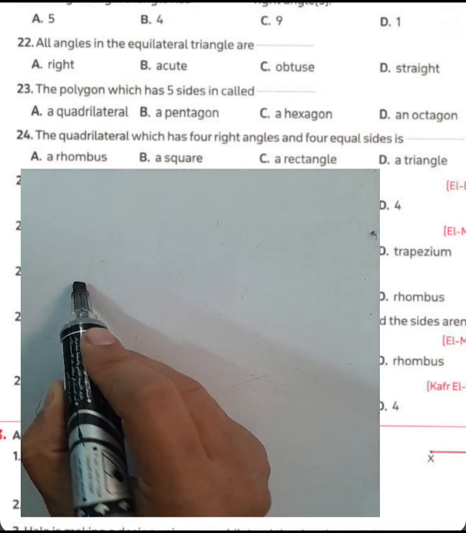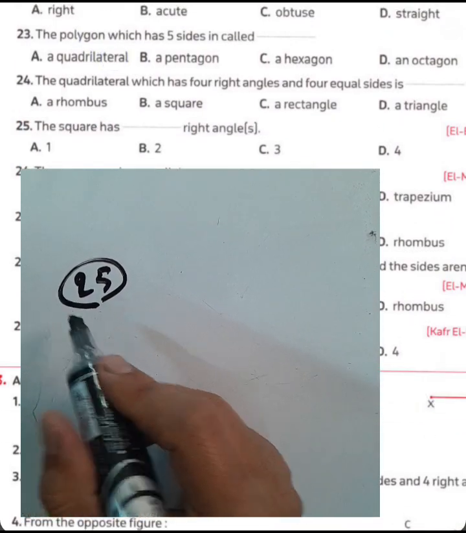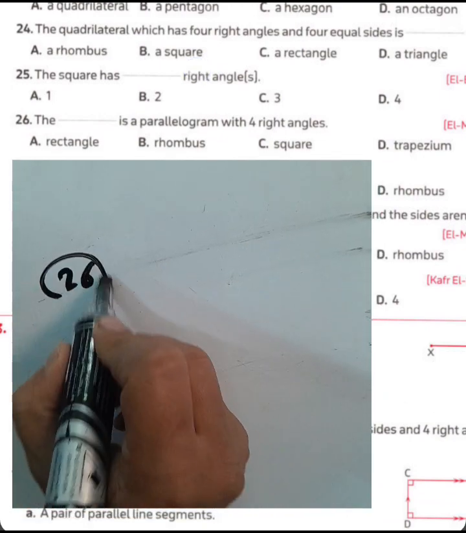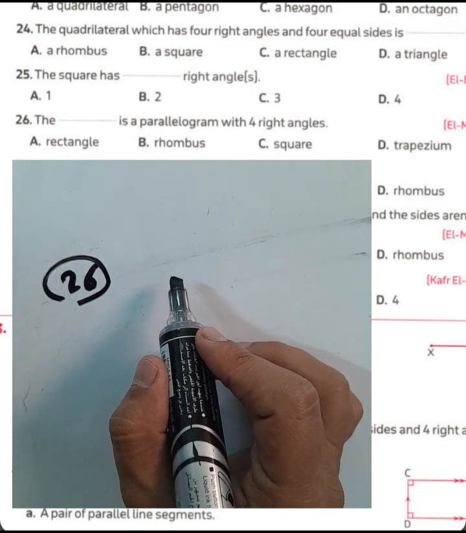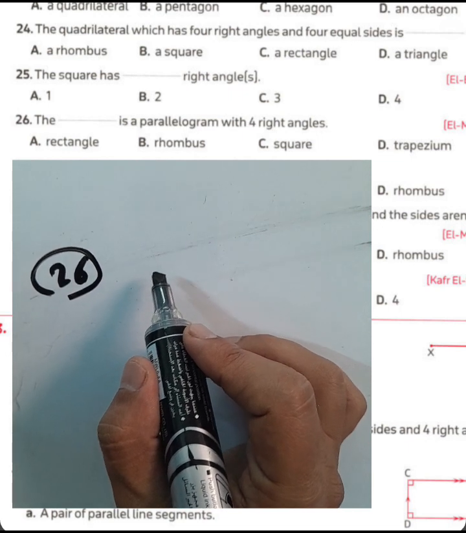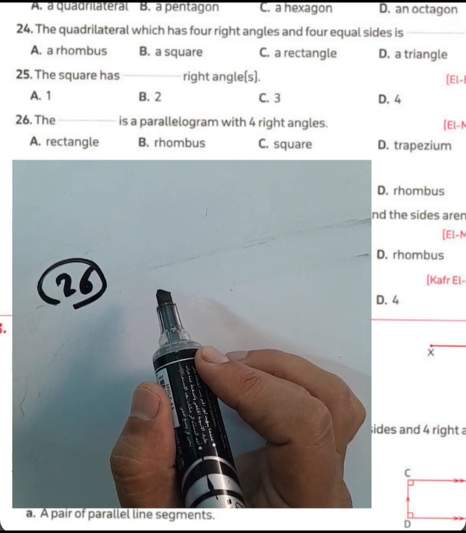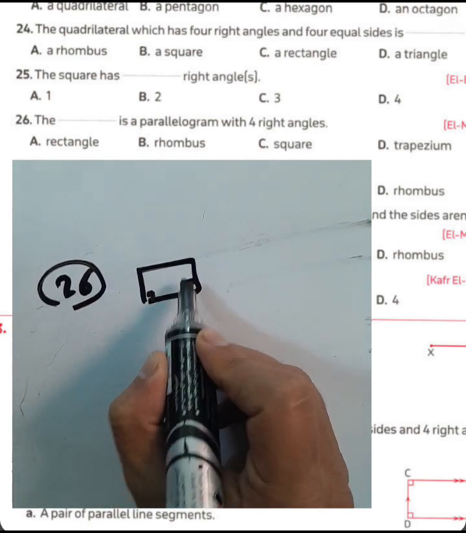Question 25. The square has 4 right angles. 1, 2, 3, 4. Question 26. The space is a parallelogram with 4 right angles. A parallelogram with 4 right angles would be a rectangle. 1, 2, 3, 4.